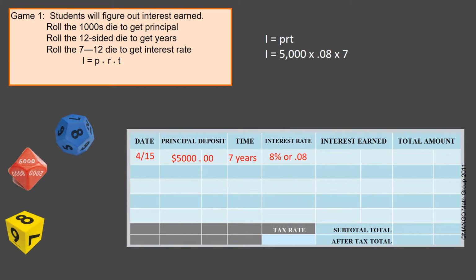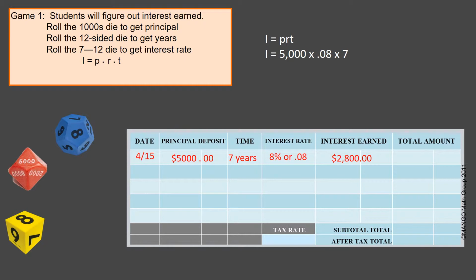So they're going to use the interest formula, which is I equals PRT, where I is the interest. So it's going to be the 5,000, which is your principal, times your rate, which is 0.08 or 8%, times the number of years. And that's going to get them the total of $2,800 that they earn at the end of those 7 years.